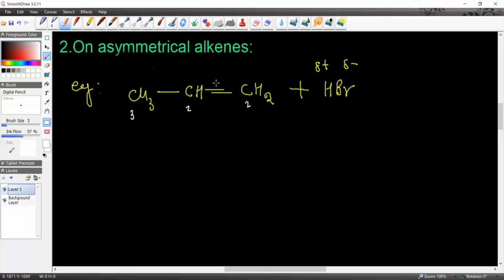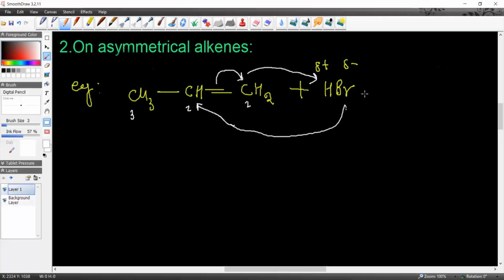So if the pi electrons of this pi bond are moving in this direction, then the first carbon atom is electron rich, and so the electrons of this carbon attack the electron deficient hydrogen atom of hydrogen bromide. Good. And the bromine atom attacks the second carbon atom.